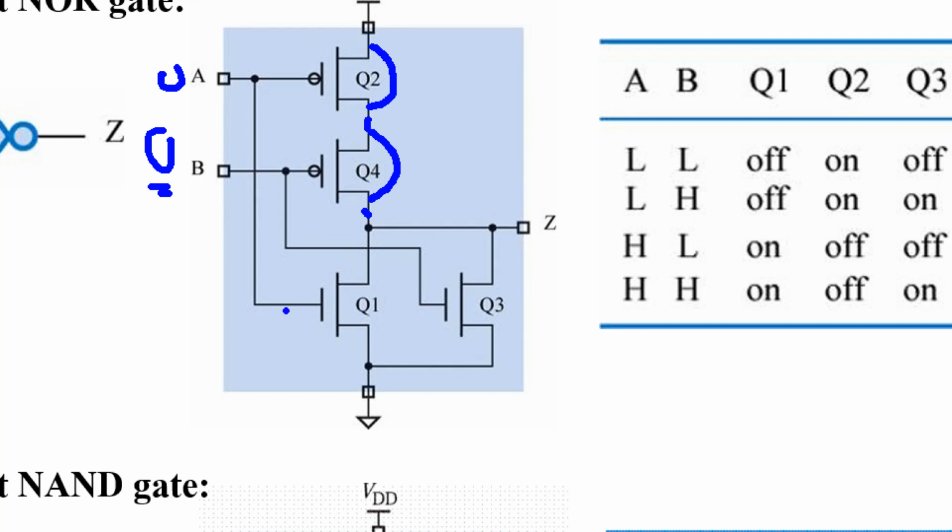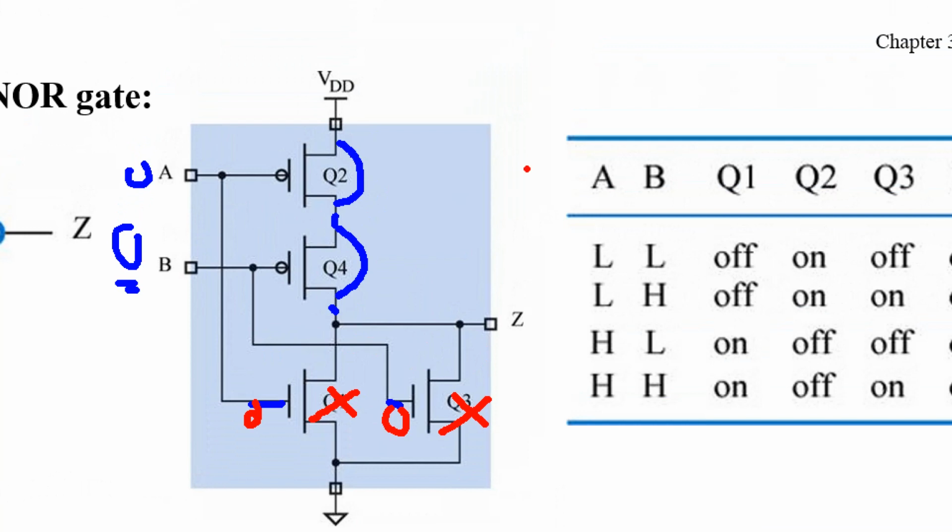And this one is an active high transistor, so when you apply 0, 0, these two transistors are off, or open circuit. By the result, this output is connected to VDD, so the output is 1 or high.